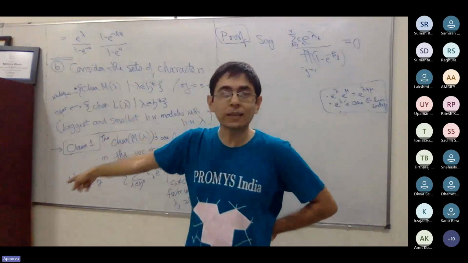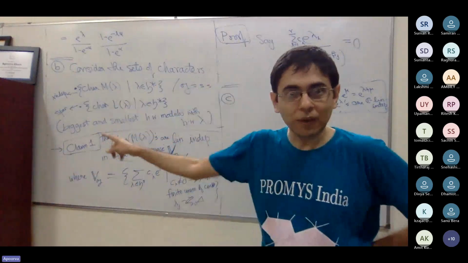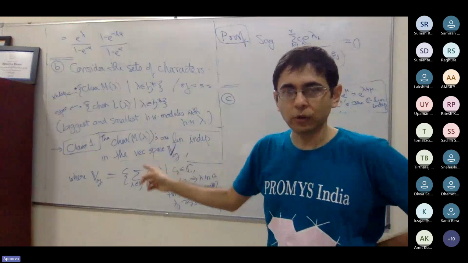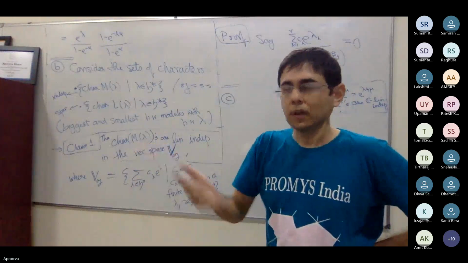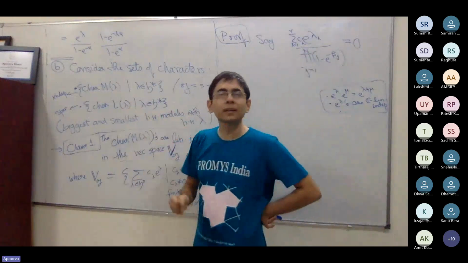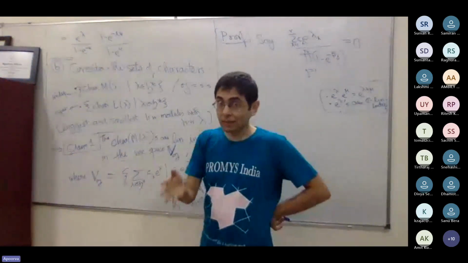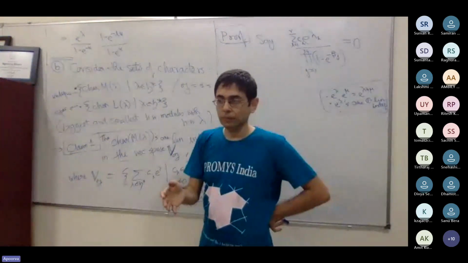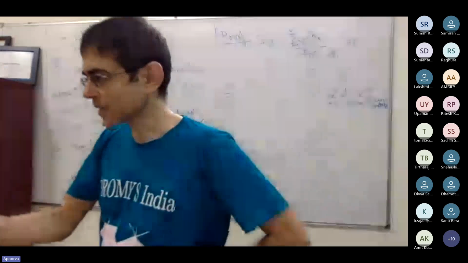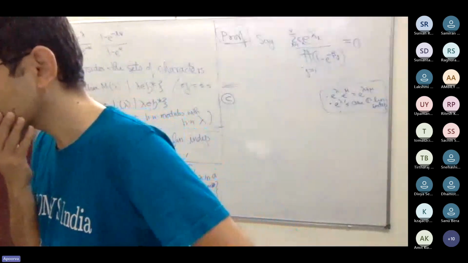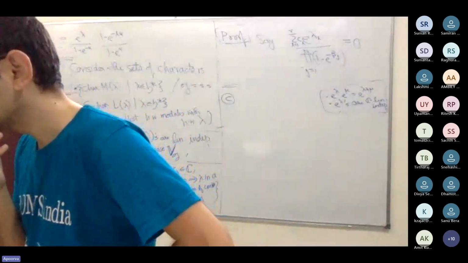And this is exactly example 5 that I have said. If you have a short exact sequence of modules, then the characters add up. So if you take any object in category O, then you know that it is H semi-simple. Did I mention the character of an H semi-simple module at part A at the start of the lecture?